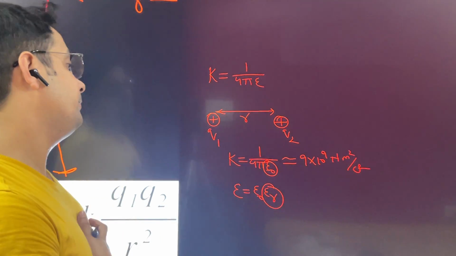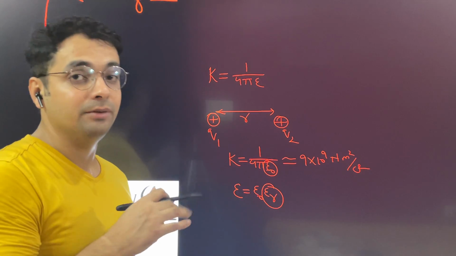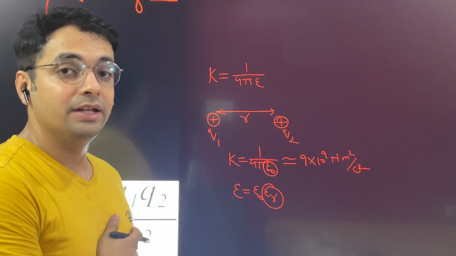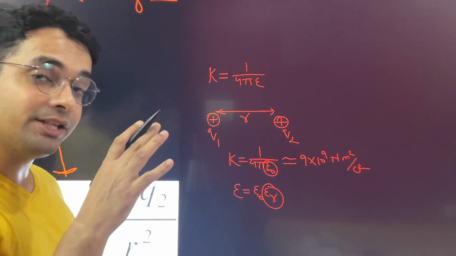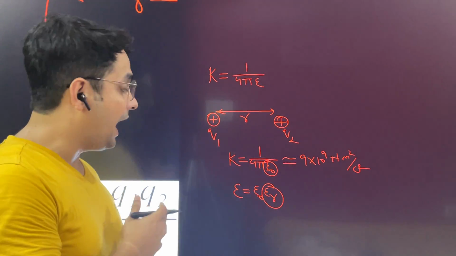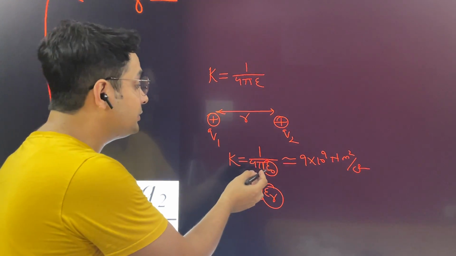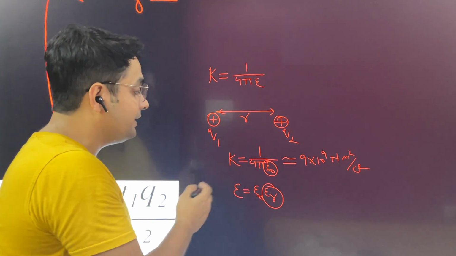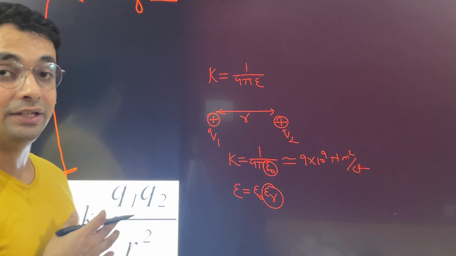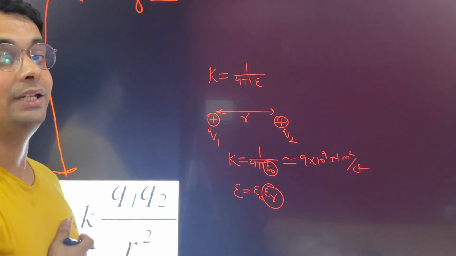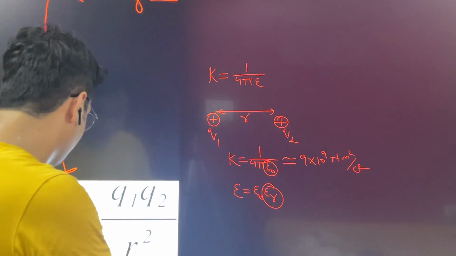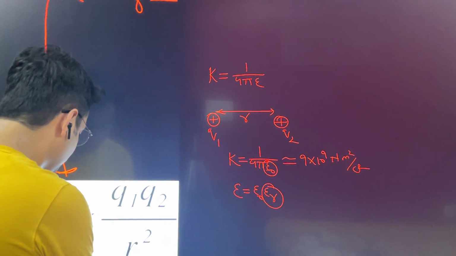So if we take any medium between these two charges, then the net force acting on any charge will be reduced, and there you will not take epsilon naught, you will take E, and that E is nothing but epsilon naught epsilon R, where epsilon R is the relative permittivity.